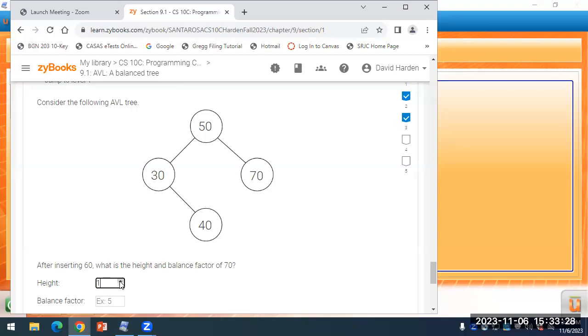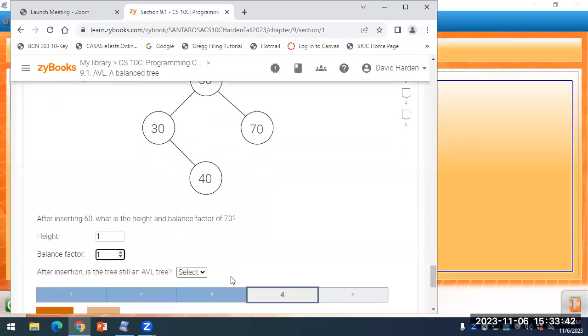Yeah. 1, right? And the balance factor will be 0 minus -1, which is 1. After insertion, is the tree still an AVL tree? We already said.